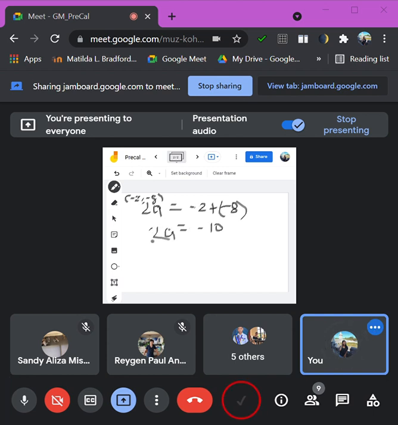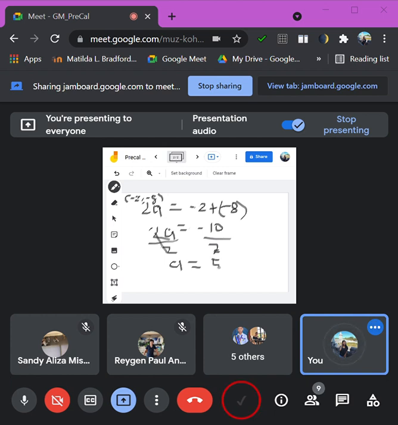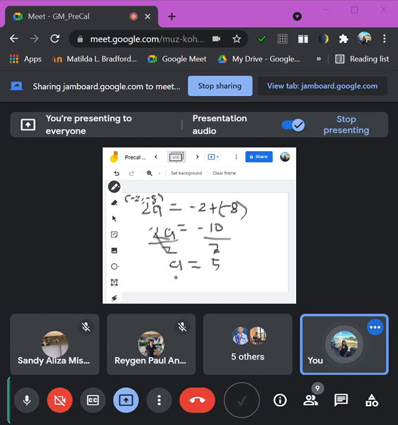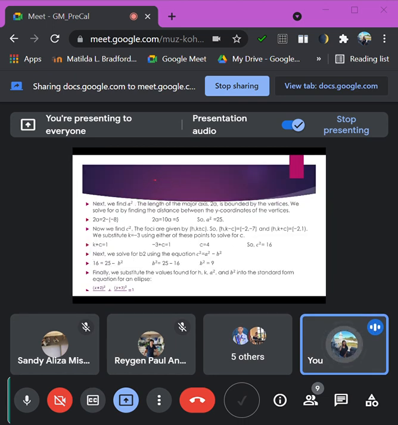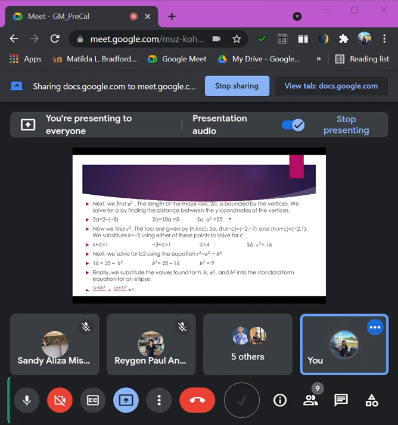And then divide both sides by 2 so that only A remains. So, you will have there A is equals to 5. And then to get A squared, we square the 5. So, that is equivalent to 25. Okay, so we can now do this, class. Maybe you are confused because of the writing. It's already done. So, we have found our A squared, which is 25.